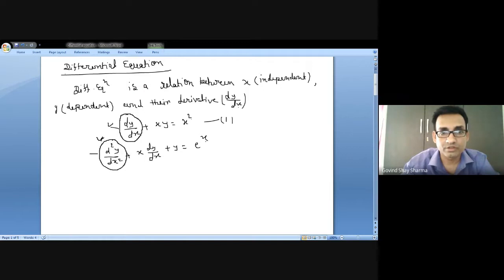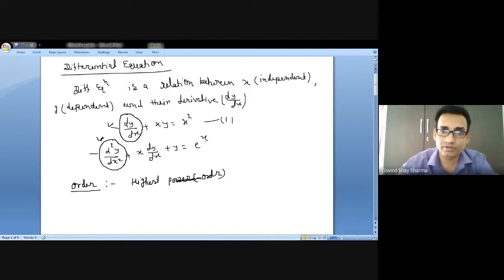What is the meaning of order? To solve the equation, we need the order of a differential equation. And what is the order of differential equation? Highest power or order. Don't use power, I think order is better.